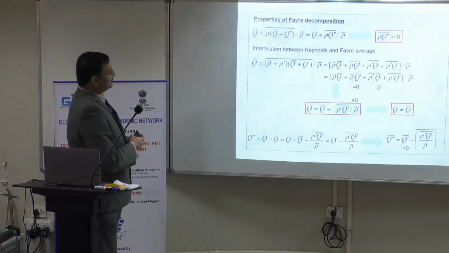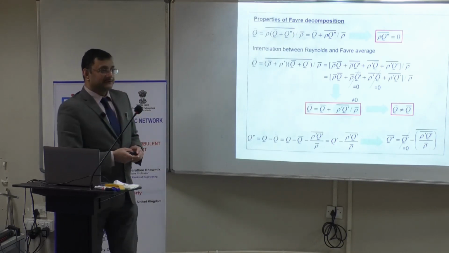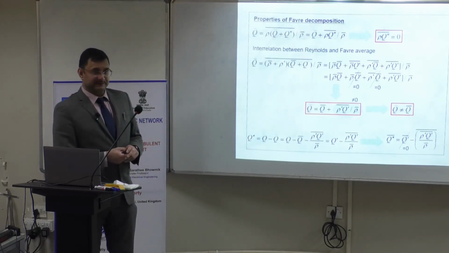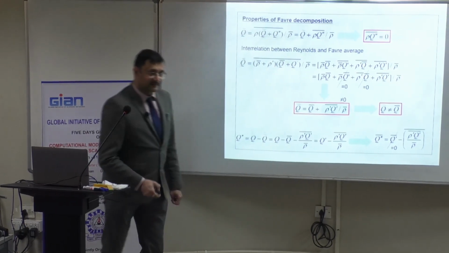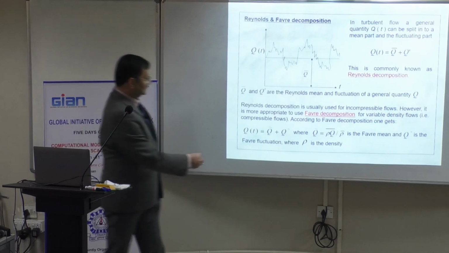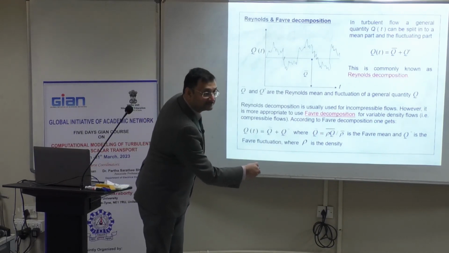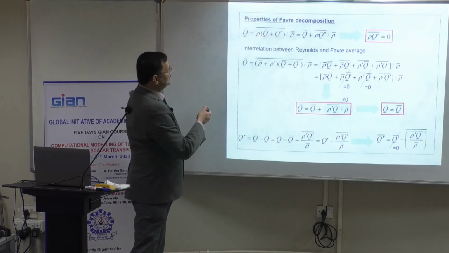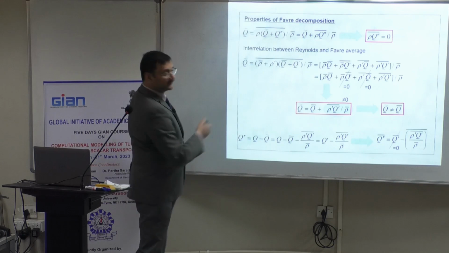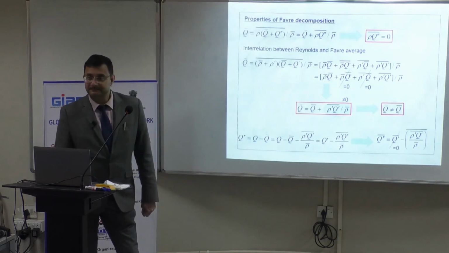Now, let's go into the properties of Favre decomposition. So, Q tilde is defined as this quantity, right? Now, if I write Q as Q tilde plus Q double prime, you will get this expression.